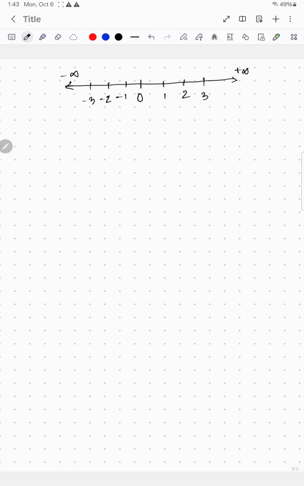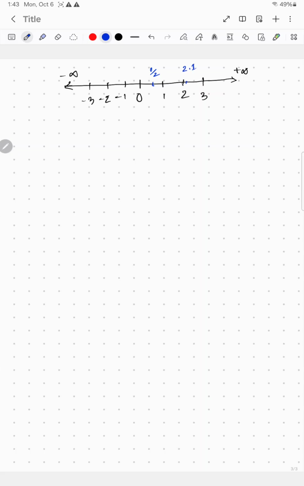In between these numbers we have rational numbers, like 1/2, and somewhere here is, say, 2.1. We also have irrational numbers between all of them. So between two real numbers there are infinitely many real numbers.